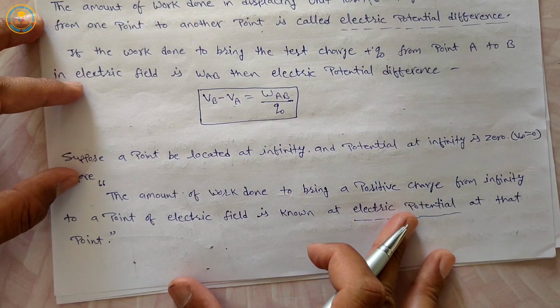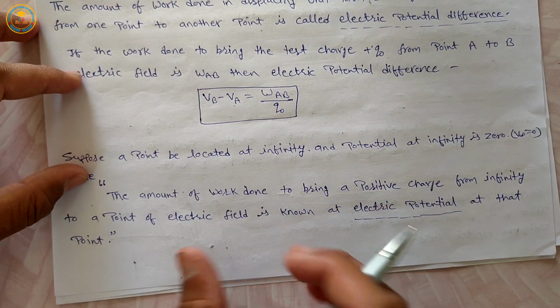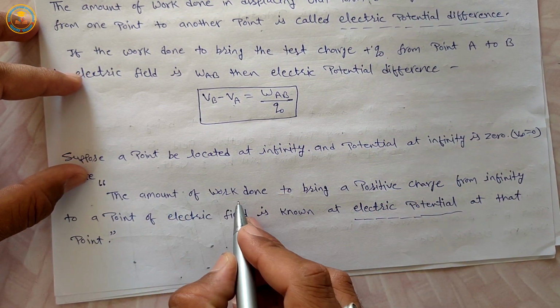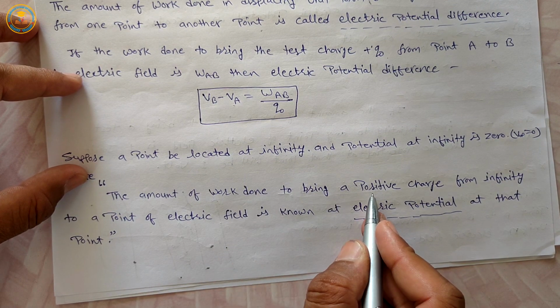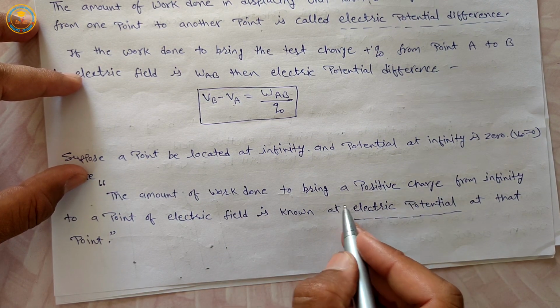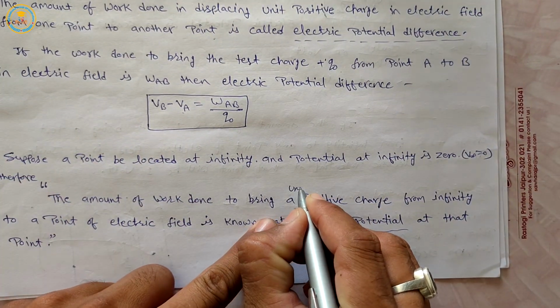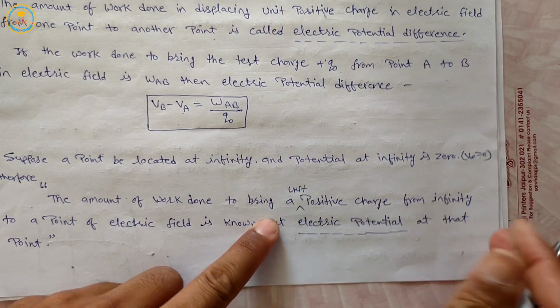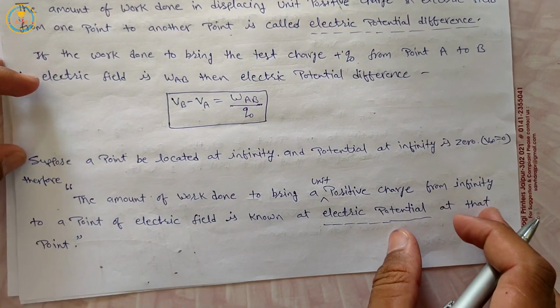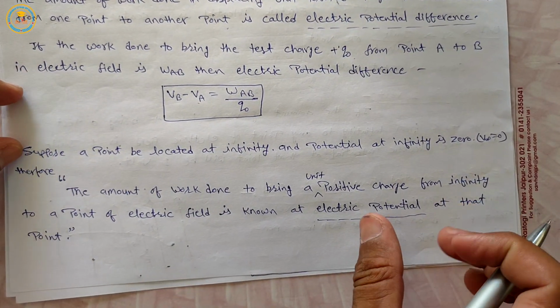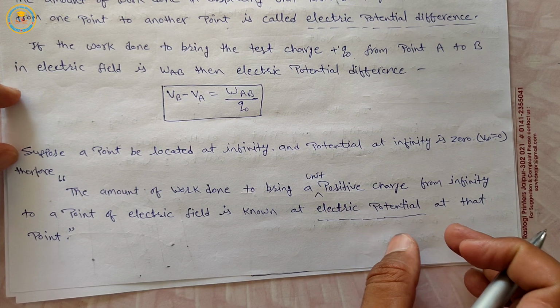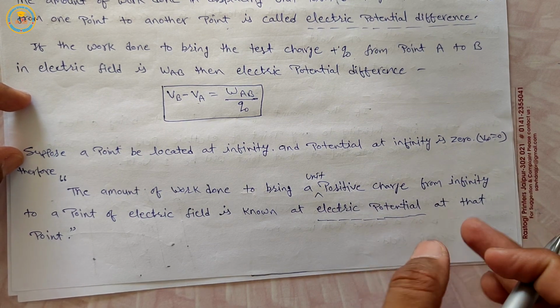Then the definition of electric potential is as follows: the amount of work done to bring a unit positive charge from infinity to a point of an electric field is known as the electric potential at that point.